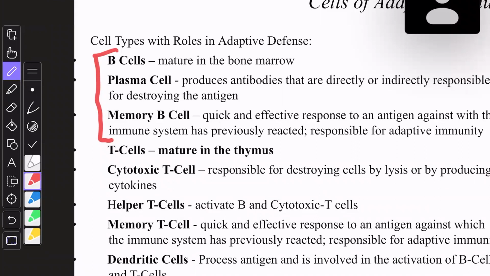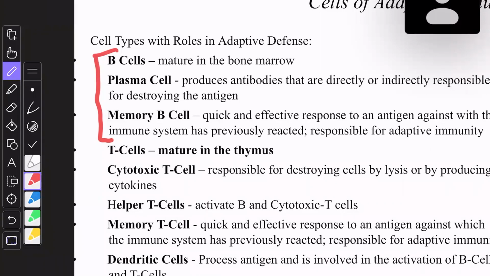So when you think about B cells and antibodies, it's not the B cell itself that's going out and defending the body. It's the B cell giving rise to a plasma cell. That plasma cell then makes an antibody specific to an antigen, and the antibody goes out and does the job.